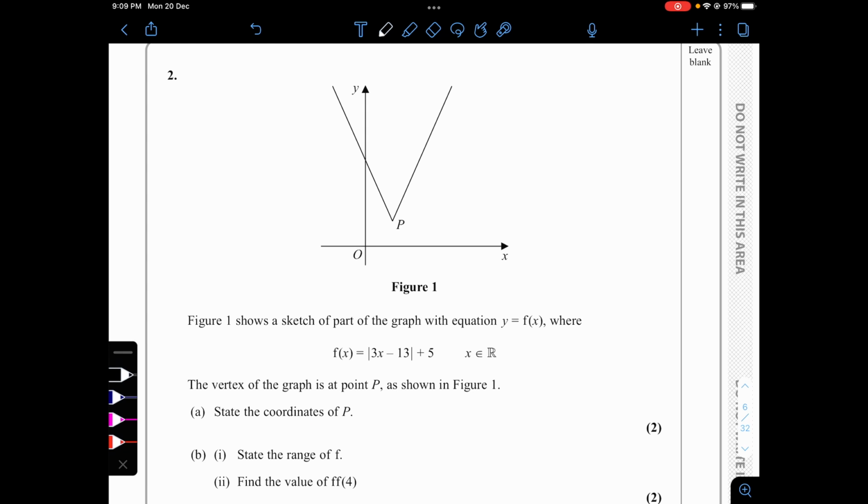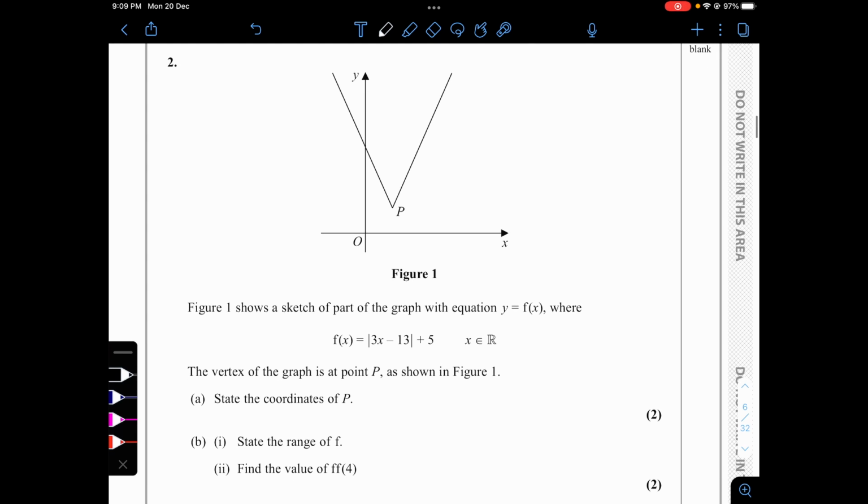Okay, so if we were to imagine this without the translation, so this is basically a translation of 5 upwards, right? Without the translation, this P would be on the x-axis, right? And because of that, we can just imagine this as 0. We can just take this and say 3x minus 13 is equivalent to 0.